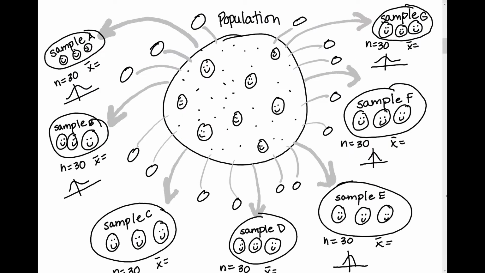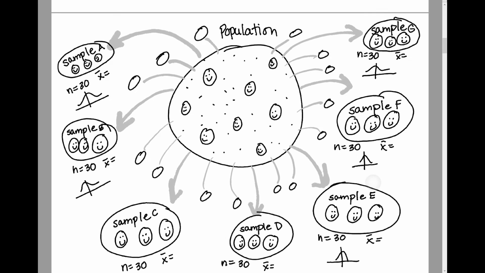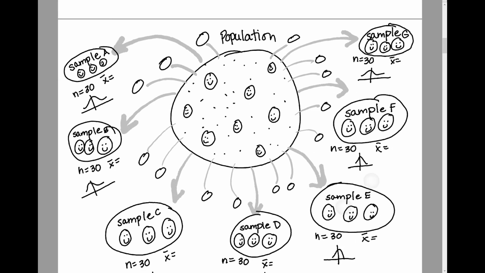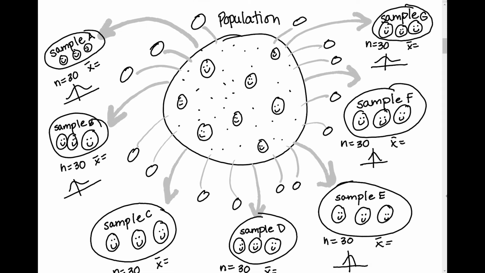Okay, now bear with me here. I want you to imagine that we could take hundreds of thousands of different random samples from that population that we're interested in, instead of just one. Wouldn't it be cool if we could do samples and samples and samples? Of course, in the real world, that's not really possible because each of these samples takes effort and time and money and all this stuff, right?